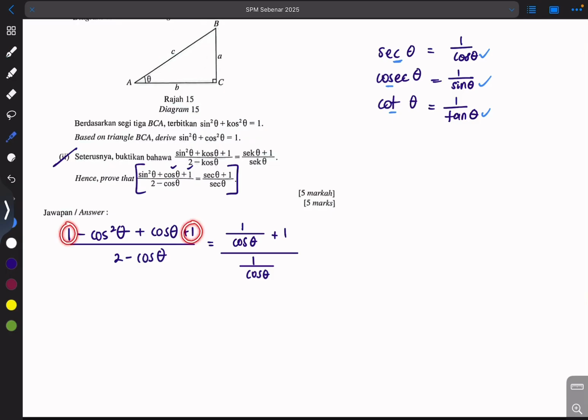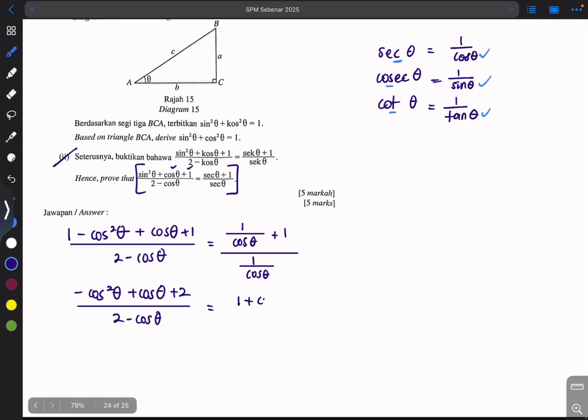1 we can plus with 1, so we get 2. So negative cos square theta plus cos theta plus 2 over 2 minus cos theta. Over here, we make the denominators the same. So we times cos theta, and we get 1 plus cos theta over cos theta divided by 1 over cos theta.